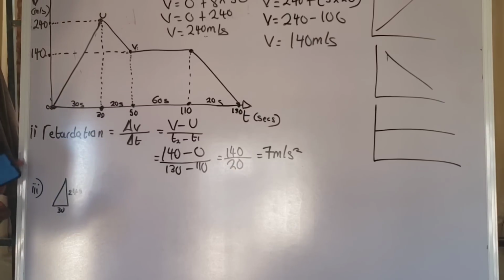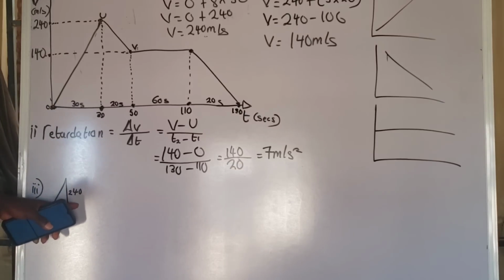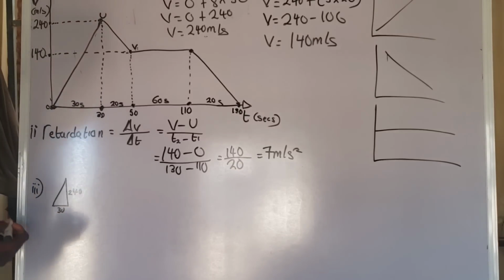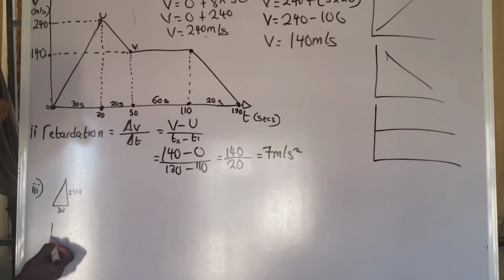So we have to determine the area of this triangle and the area of the second one, which is the trapezium. If you pay attention, you are going to see something like this. 20 seconds, and the height here is 140, and the height here is 240.